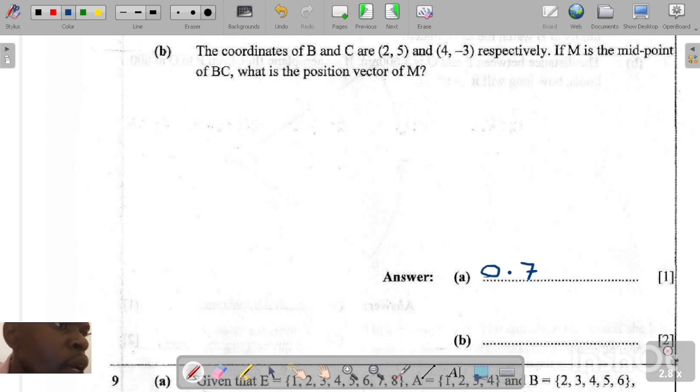Part B says the coordinates of B and C are this, respectively. If M is the midpoint of BC, what is the position vector of M?